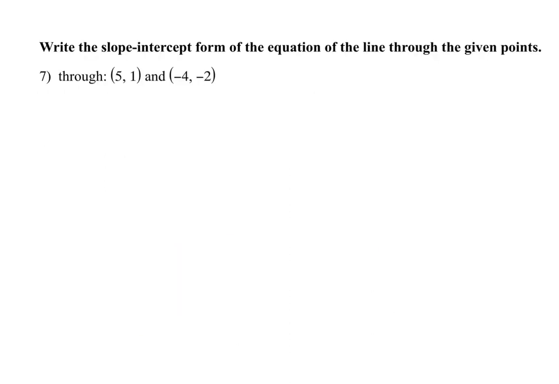All right, for this one, you'll notice that they want you to write the slope-intercept form of this equation. But they did not give you either. They did not give you slope and they did not give you y-intercept. So we have to solve for our slope. And remember, our equation to solve for slope is to subtract your y's and then subtract your x's. So the first thing I need to do here is solve for what my slope actually is.